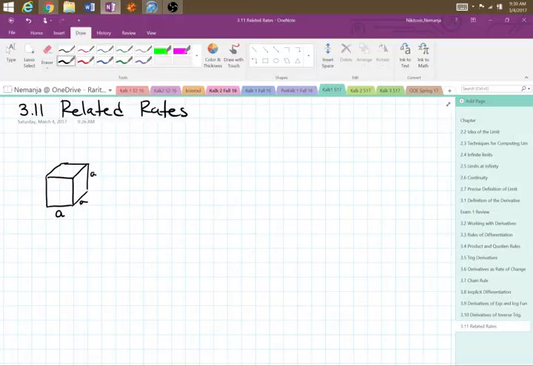So I want to know what is the rate of change of volume, right? What is the rate of change of volume if I am able to measure the rate of change of a side? Because it should be clear that as the cube is becoming smaller in size, the side A is getting smaller.